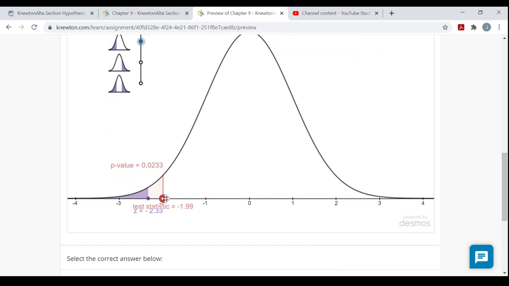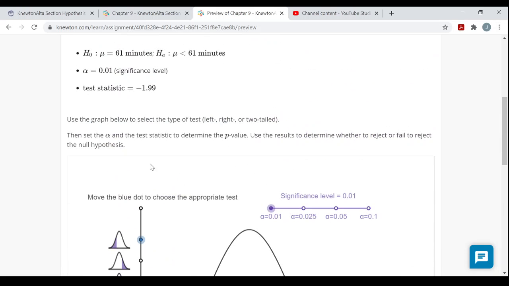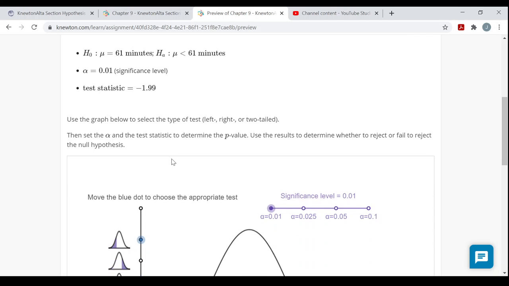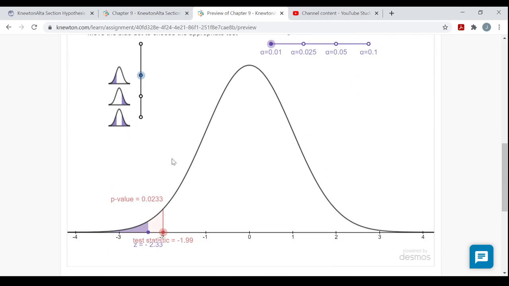And then we can see very clearly, if we were doing the critical value method, that this test statistic isn't beyond the critical value. Our test statistic of negative 1.99 is not in this purple rejection region, so we wouldn't reject the null hypothesis. We'd say, hey, this mean of 61 minutes is good for now, right? With this one at 1% significance.